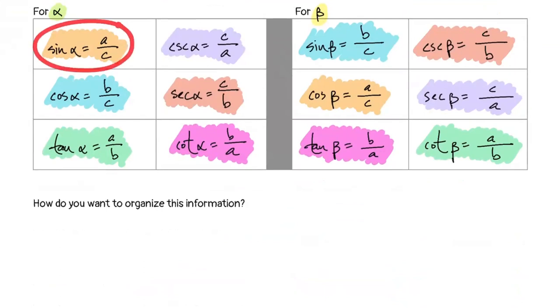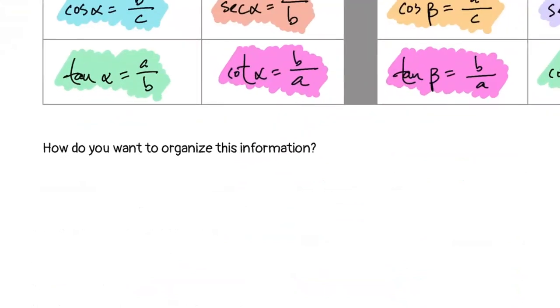Sine alpha is equal to cosine beta. All right, so let's write that down. Sine alpha equals cosine beta. But keep in mind, we said alpha plus beta equals 90 degrees. So knowing that, what's a different way that I can write beta?